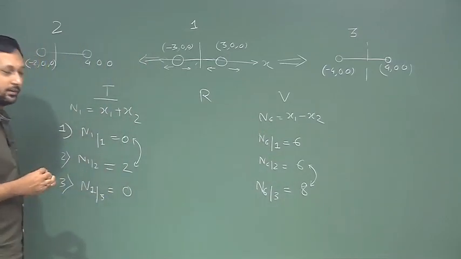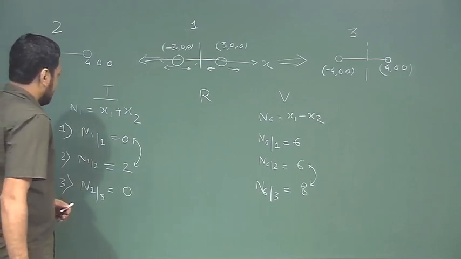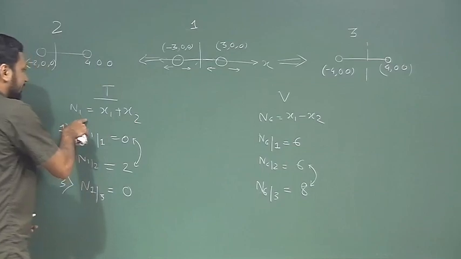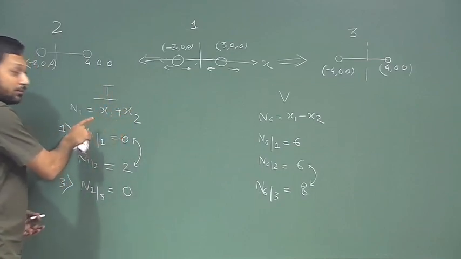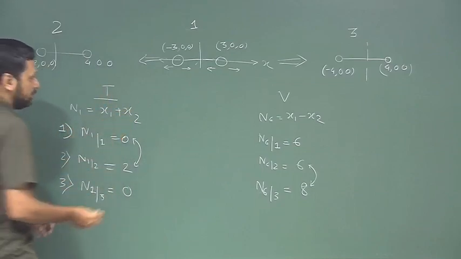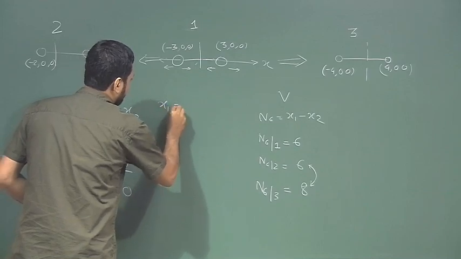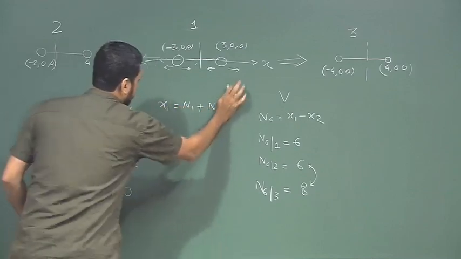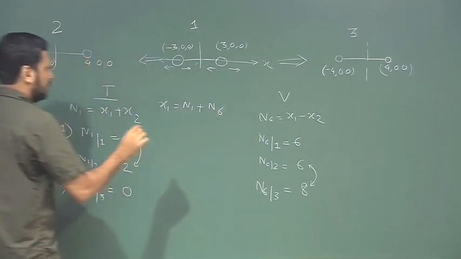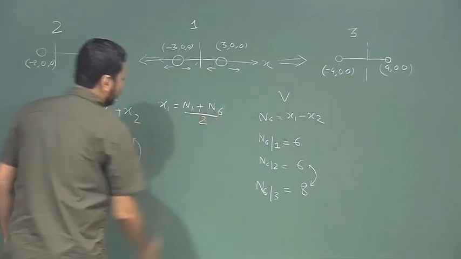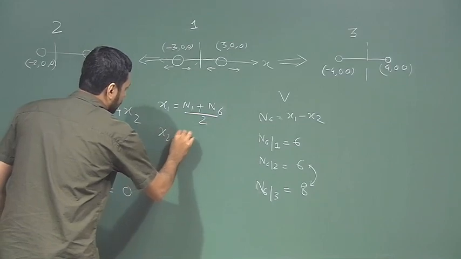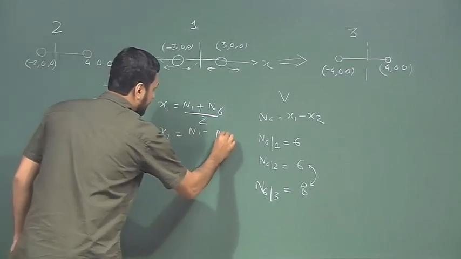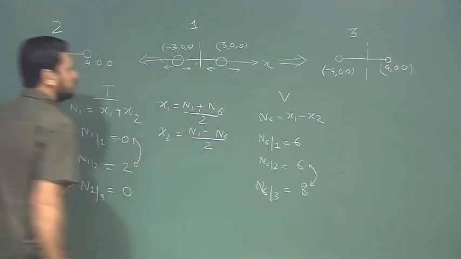Interesting to note is that if you now want to express x1 and x2 in terms of N1 and N6, it is absolutely possible. So, you can write x1 equal to (N1 plus N6) by 2, and x2 equal to (N1 minus N6) by 2.